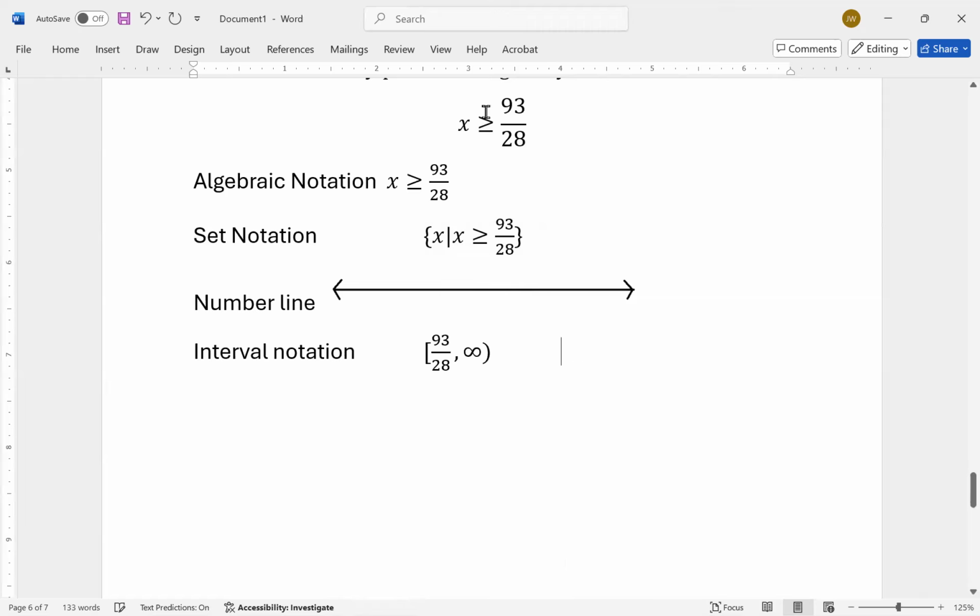On the number line, basically, we just have 93 over 28. And then I do a closed circle because of the equality. And then I'd have my arrow pointing to the right.